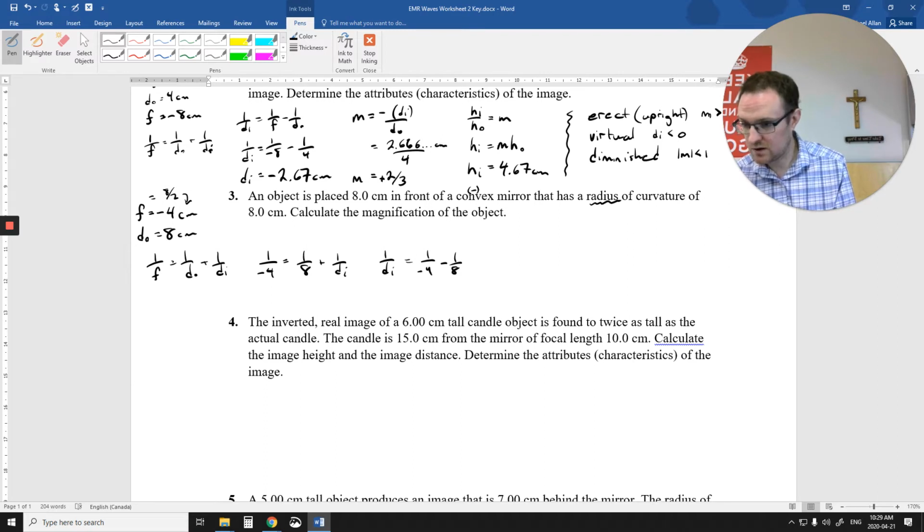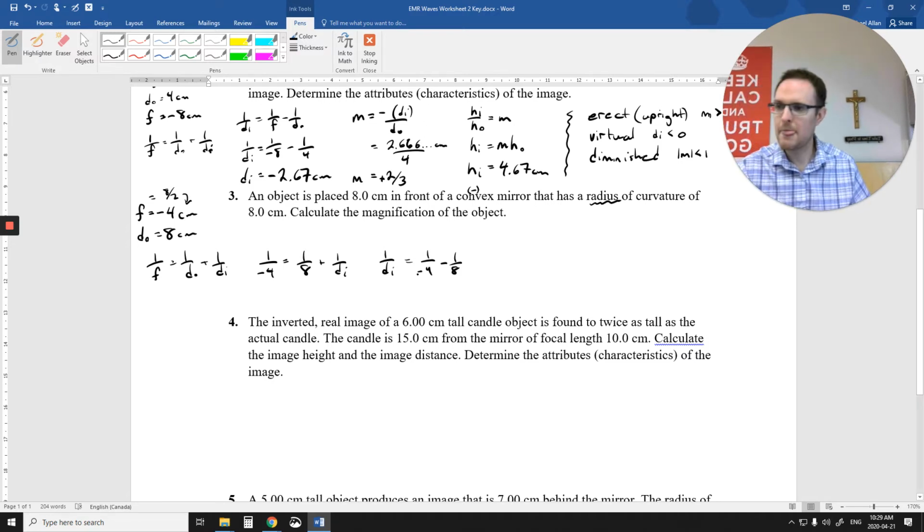1 over -4 minus 1 over 8. Then I'm going to go 1 over my answer. And I get a DI of -2.6 repeating again. So this is centimeters. That's not the question. The question is magnification.